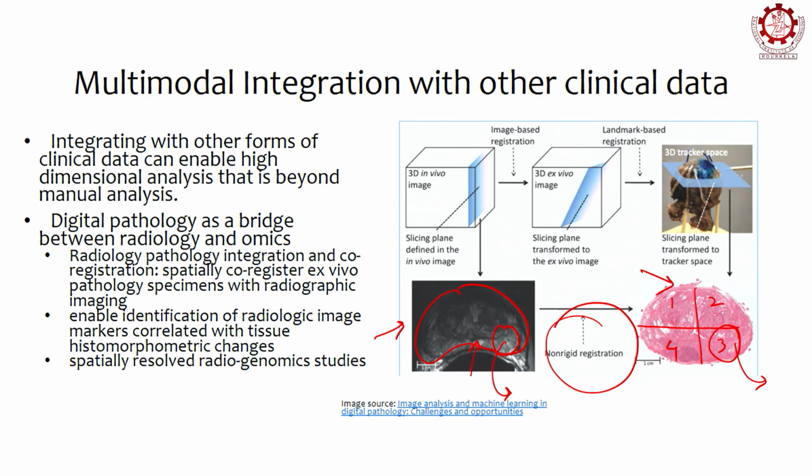There was this question yesterday: how do you even understand what's happening, what's the underlying biology? You get something at the radiology length scale, and you ask what's happening at the pathology length scale. If you have mechanisms like this, where you can co-register radiology images onto pathology images, then you can identify the exact same area where tissues correspond to each other and study them in great detail.